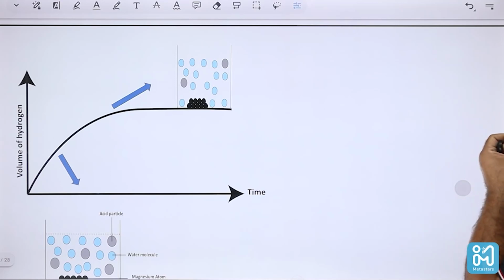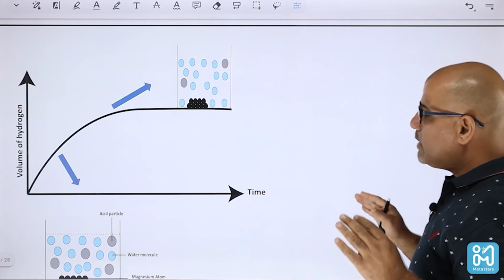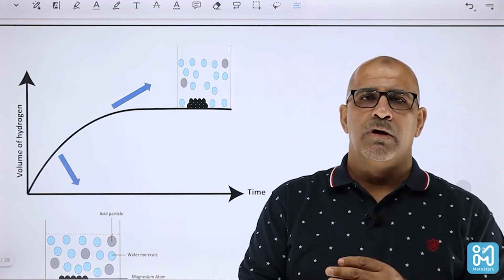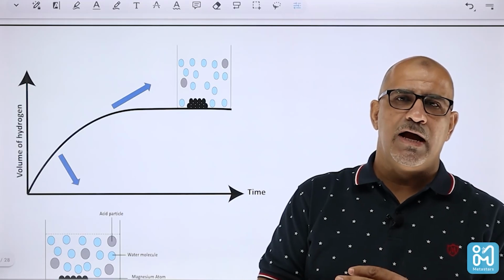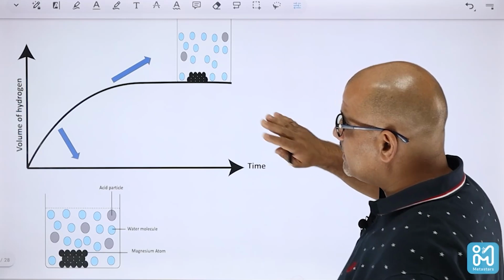Here you will see, if we plot the results and measure the volume of the hydrogen gas produced per unit time, you will apply the idea of concentration in a different way.